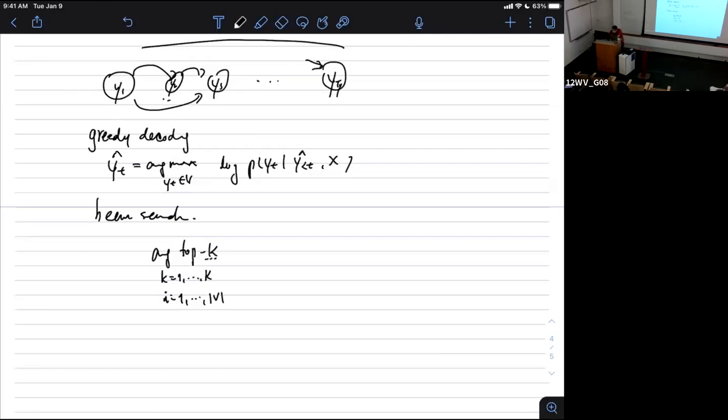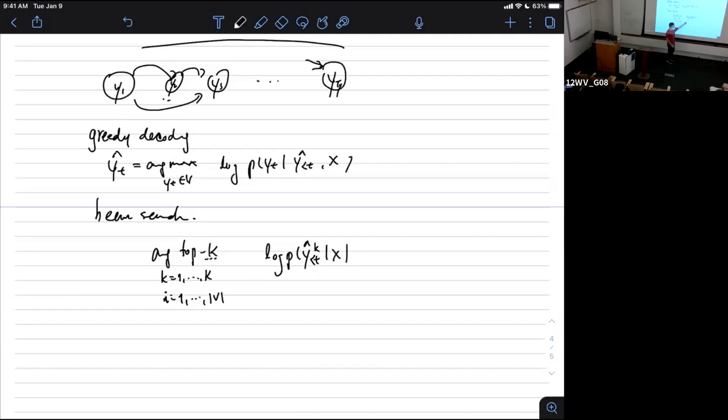And what we do is look at all those continuations and score each and every one of them. How do I score them? I look at the log probability of y hat k smaller than t, which is the k-th hypothesis. So I have the score so far. What is this score?